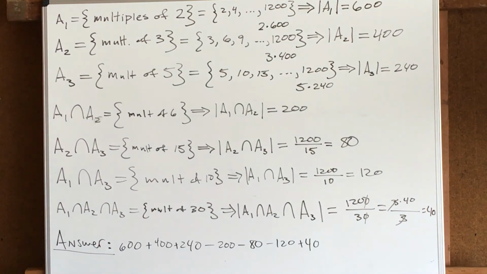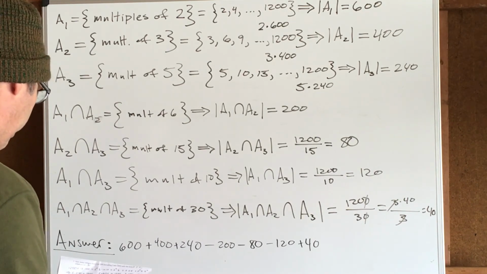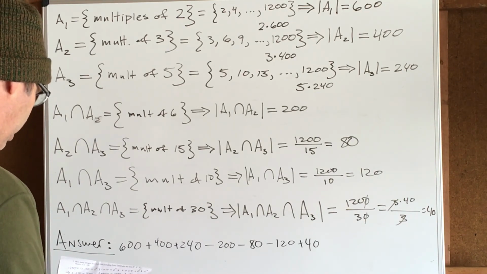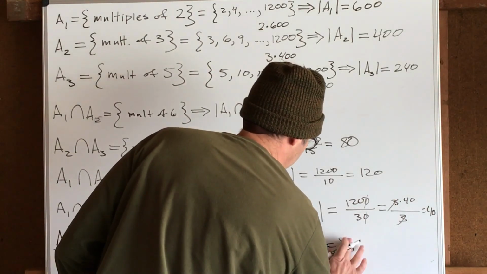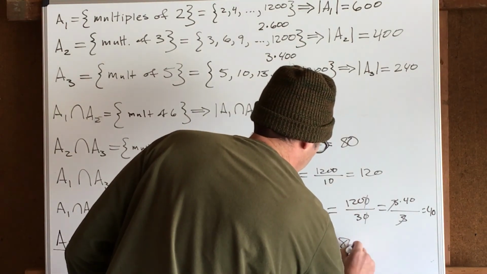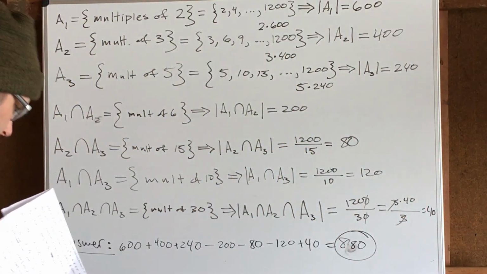Oh my gosh, that was close. All right, let's see: 600, 240, 400, 200, 80, 120, and then 40 is 880. So the answer is 880.